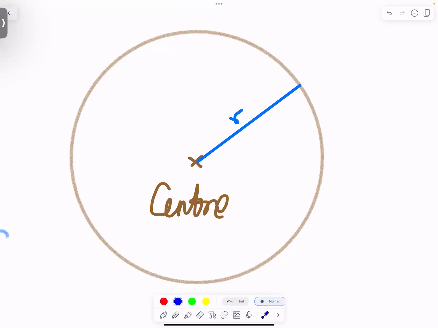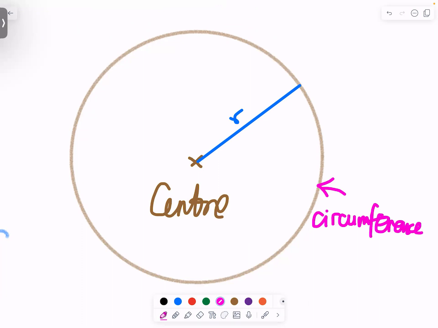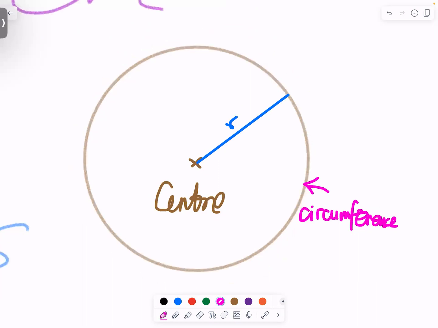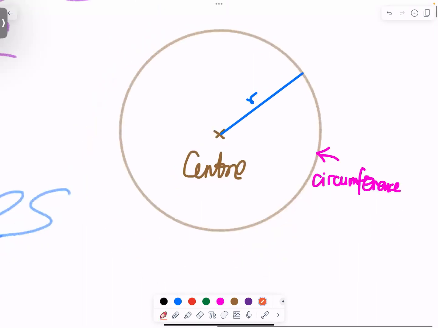That outer line is called circumference, C-I-R-C-U-M-F-E-R-E-N-C-E. Now, what's so special about it? Well, nothing yet.